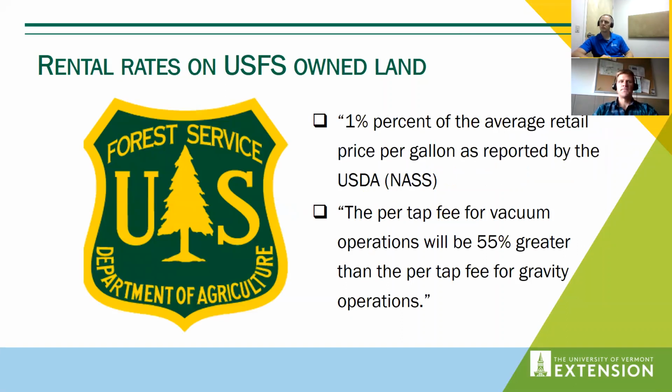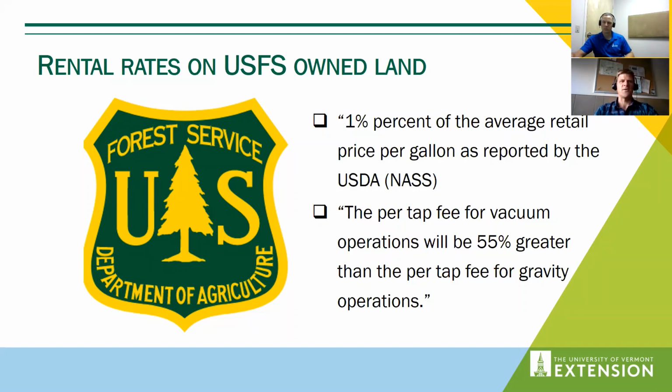There are also some agreements to tap on federal land. There's the Green Mountain National Forest in Vermont, and their pricing is a little different. They use a percentage of the average retail price for a gallon of syrup as reported to NASS, the USDA survey. And they also have a differential in price based on whether the sugar maker uses gravity or vacuum. They actually charge more if you use vacuum.